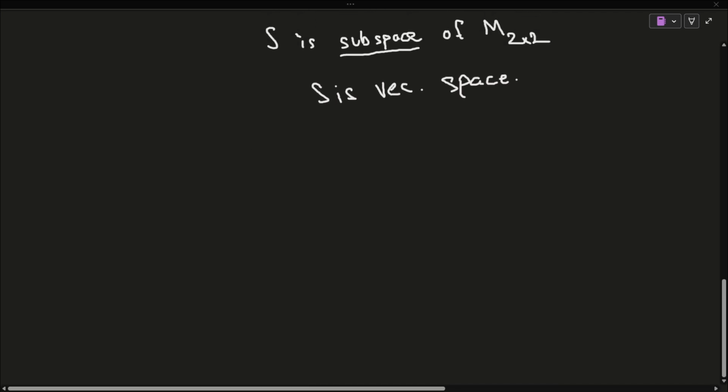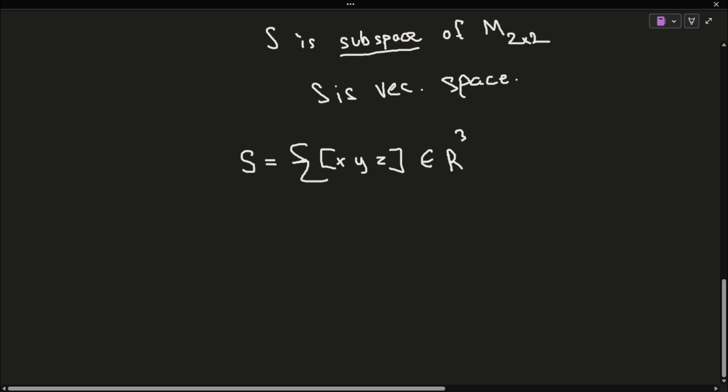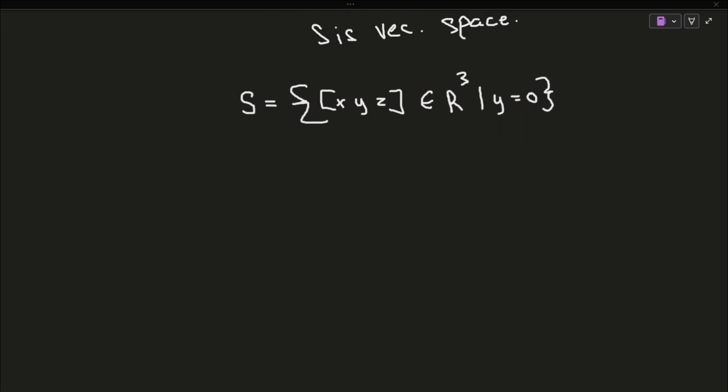So we're going to have our subset S. It's going to be X, Y, Z, a three-dimensional vector, or well, we're going to say this is a row matrix. And that belongs to the set of three-tuples, but Y has to equal 0. So I think we did this example once before in the previous video, but this is now for subspaces. Okay, and we need to determine whether this is a valid vector space.